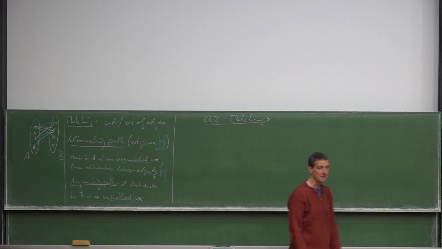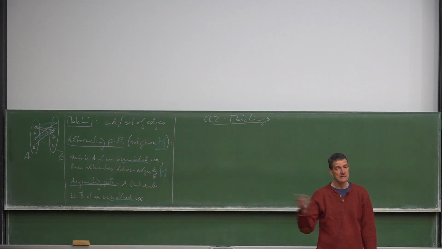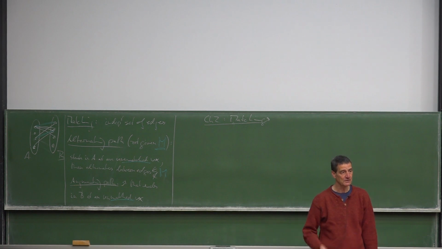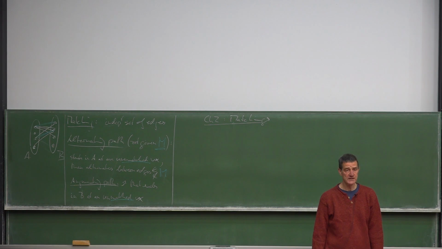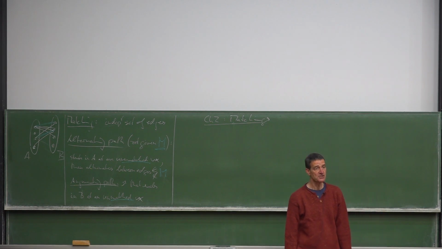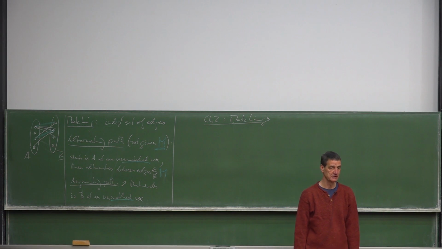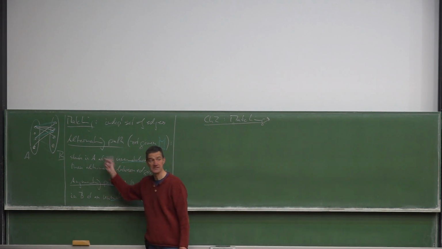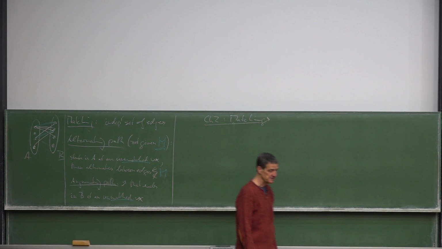always find a bigger matching, and here's a sweeping trivial theorem. You can always find a maximum size matching just by using augmenting paths in any graph, not just bipartite graphs, but I've defined it here for bipartite graphs, so starting in A only makes sense in bipartite graphs.